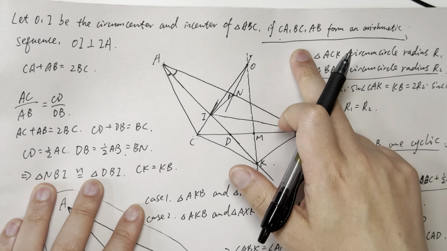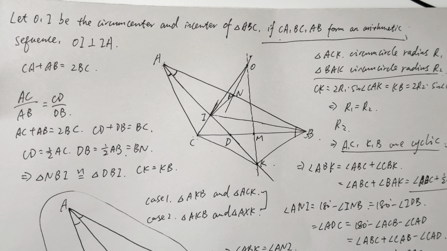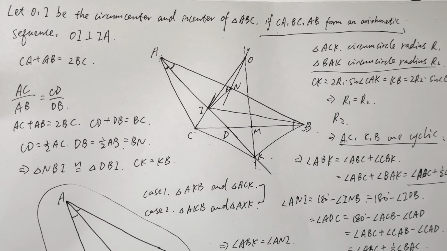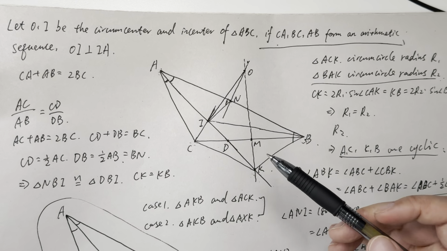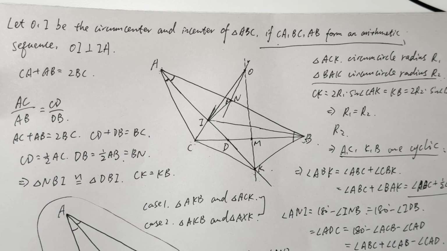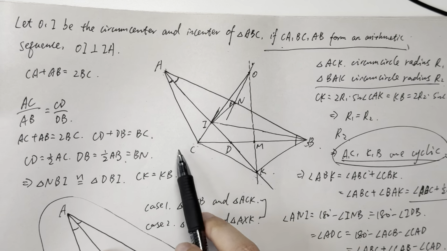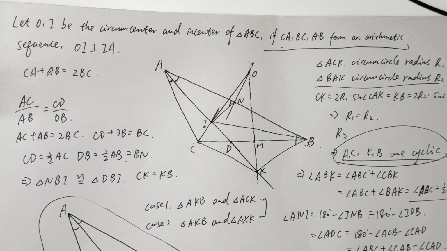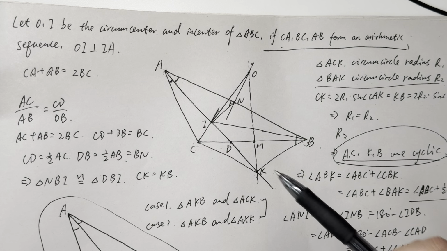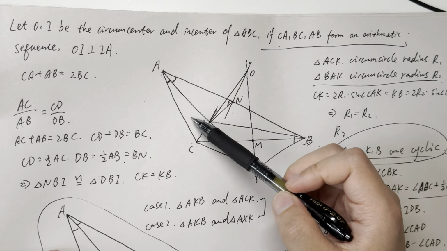If CA, BC, AB form an arithmetic sequence, why it's important and what we can get from it. And based on that, the next milestone of this problem is that you find out ACKB are cyclic, right?